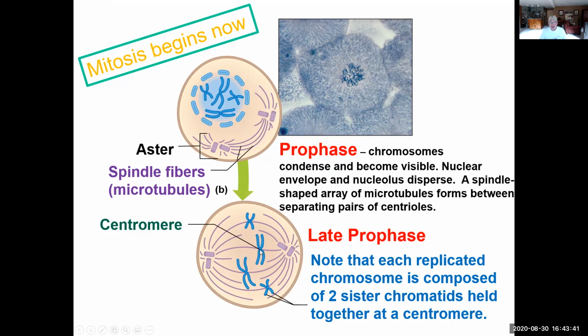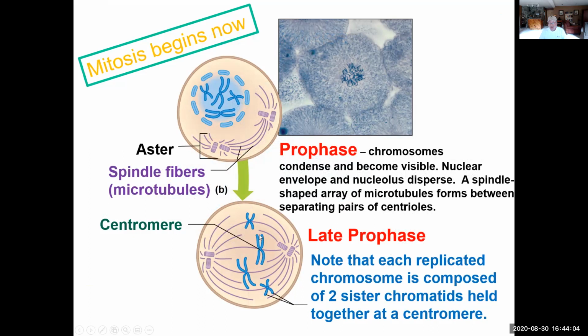So you see the sketch is pointing to one here, we have one here, we have one here, we have one here. What you really need to understand and remember is that within this replicated chromosome, or this one, or this one, or this one, we have the 2 sister chromatids. These 2 sister chromatids are genetically identical to one another.